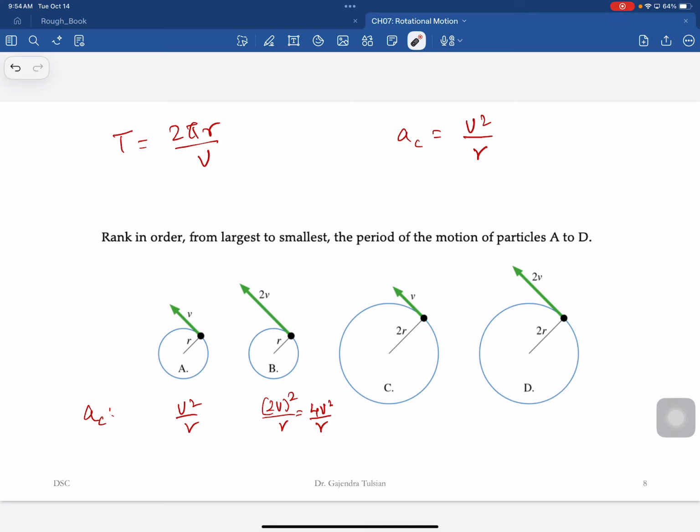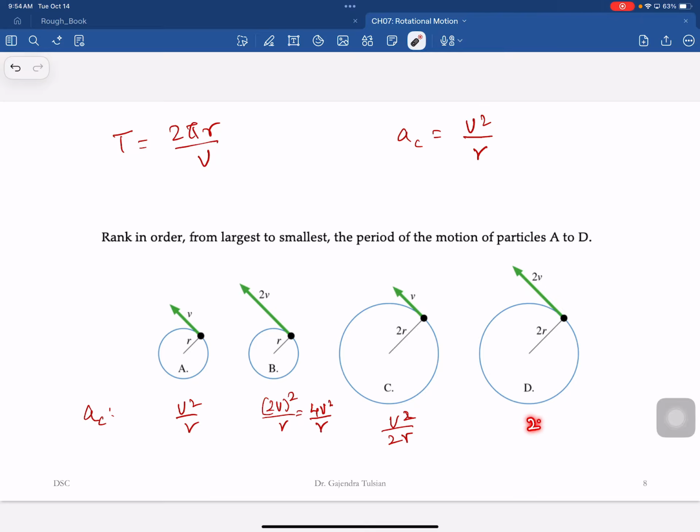You guys understanding this? Okay. For this one, it's v squared by 2r, so the centripetal acceleration is half of the first one.